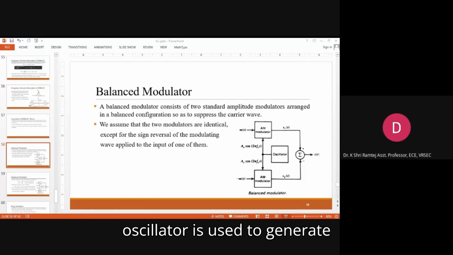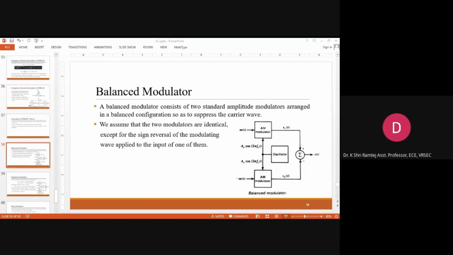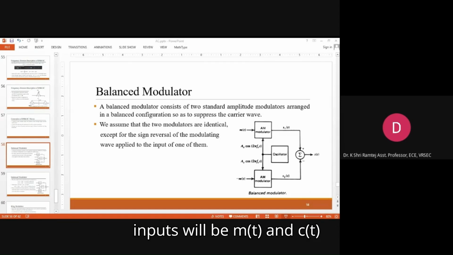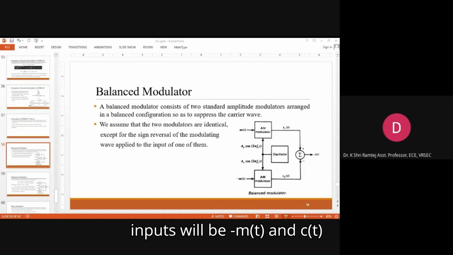A single oscillator is used to generate the carrier wave, and this carrier is given as input to both the standard AM modulators. So for the first AM modulator, the two inputs are m of t and c of t, and for the second, the inputs are minus m of t and c of t.